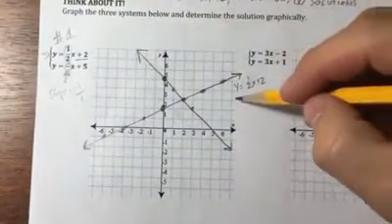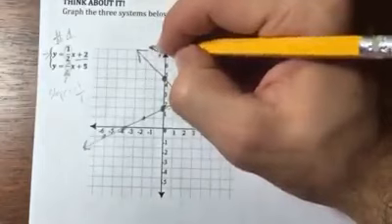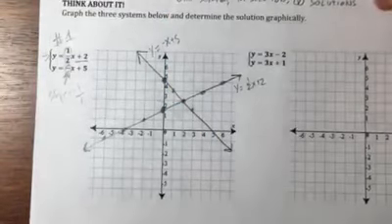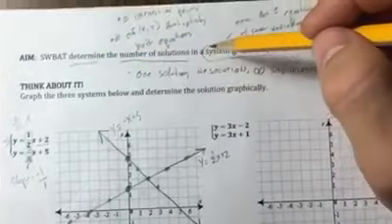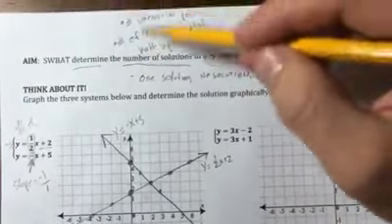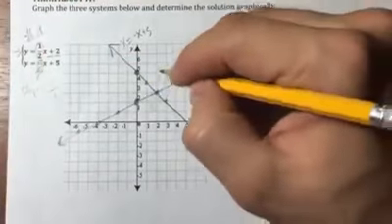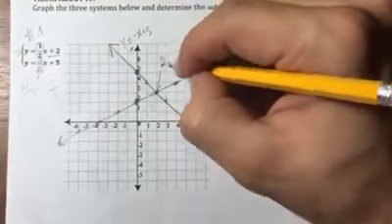So again, this is the graph y equals 1/2 x plus 2, and then this one would be y equals negative x plus 5. Now our objective for today, we wanted to determine the number of solutions, or the number of intersection points. And if we look down on our graph, we can see that our intersection point is right here at the coordinate 2, 3.